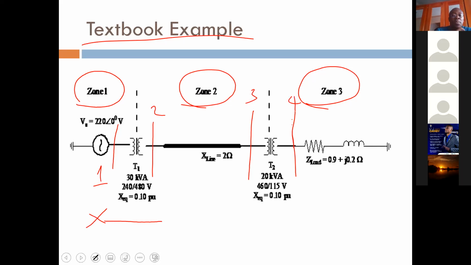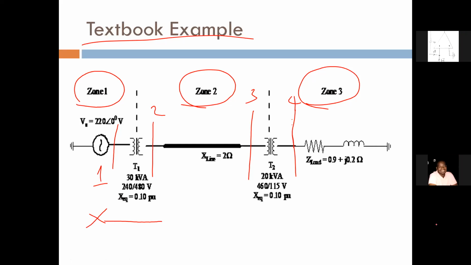All right, so I move from bus bar 1 to bus bar 2. Yes, moving from bus bar 1 to bus bar 2. What would I have done, Mr. Ferrer? What have I done moving from 1 to 2?